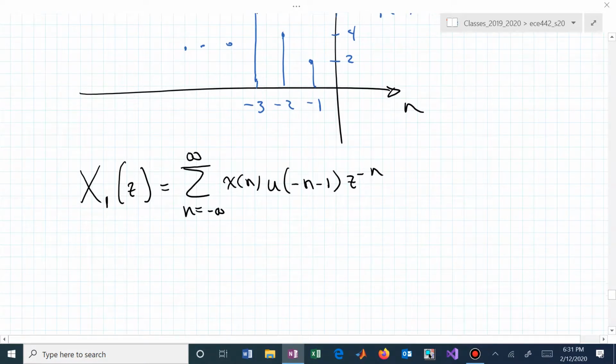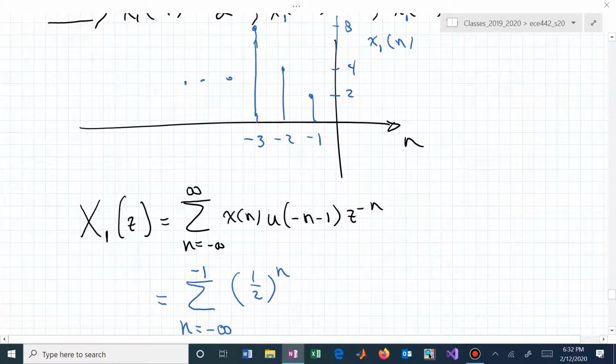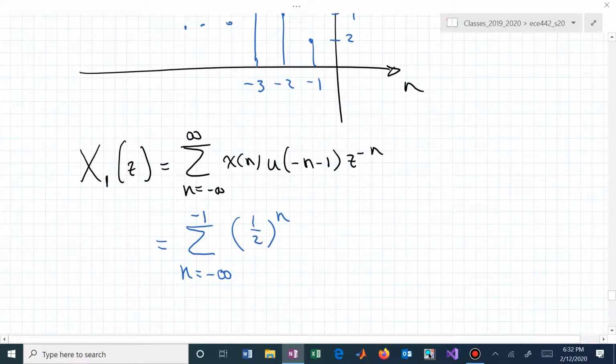How do we do this? This is now the sum from n equal minus infinity to minus 1. Those are the only ones that are associated with non-negative values of the sequence. They now are 1/2 to the n. That's what we were given. These are 1/2 to the n for negative values of n, and this is z to the minus n. And now we can combine that however you want.